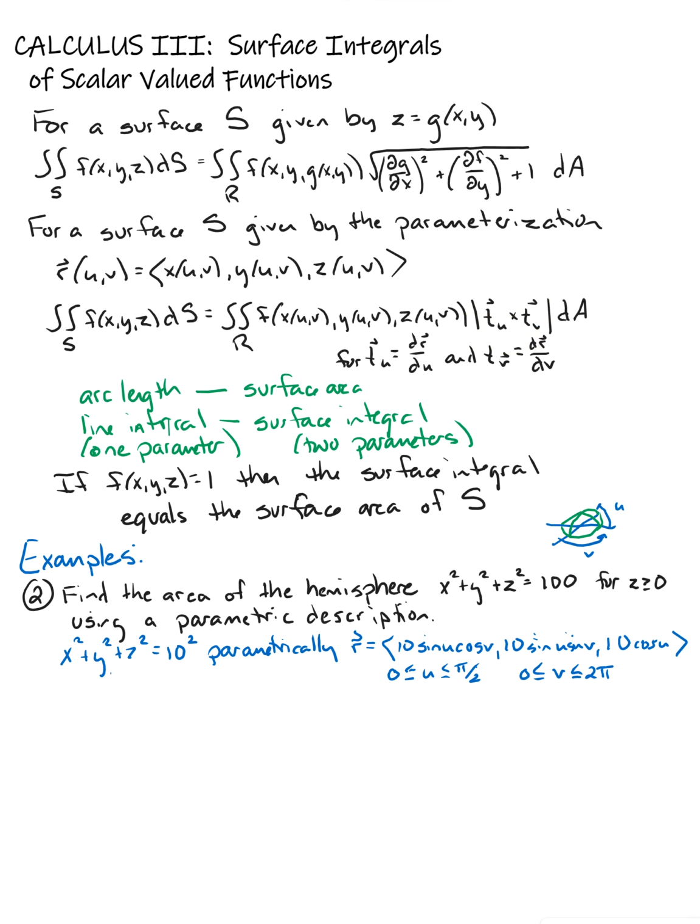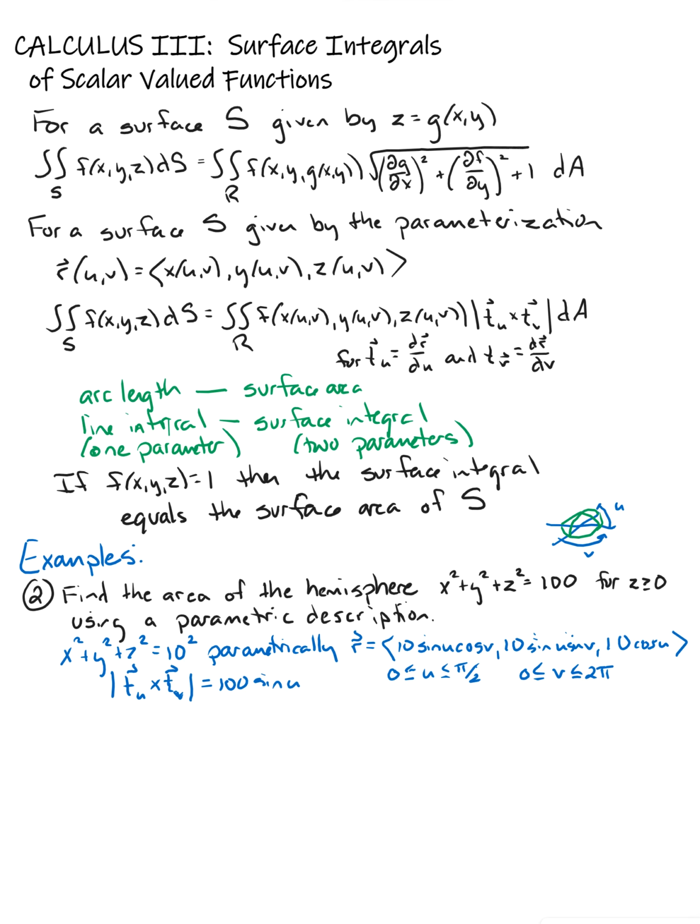In this situation, the magnitude of T_u crossed with T_v is, let's see, that ends up being 100 sine u. Yeah, there it is.